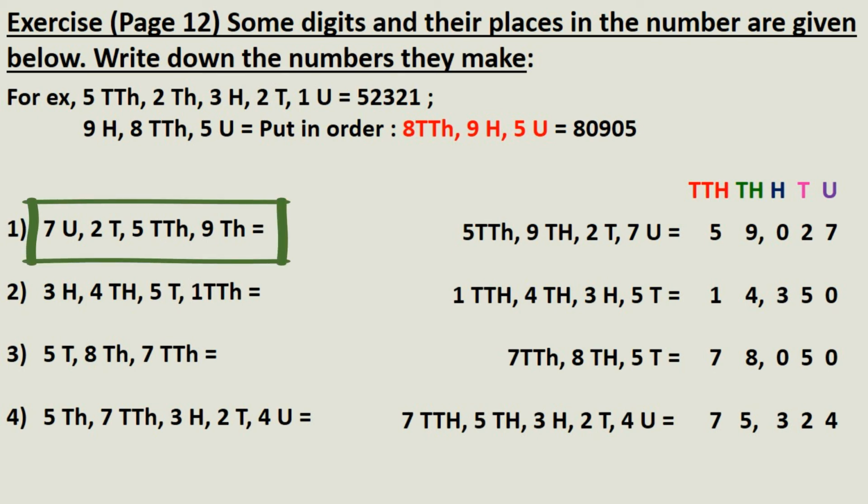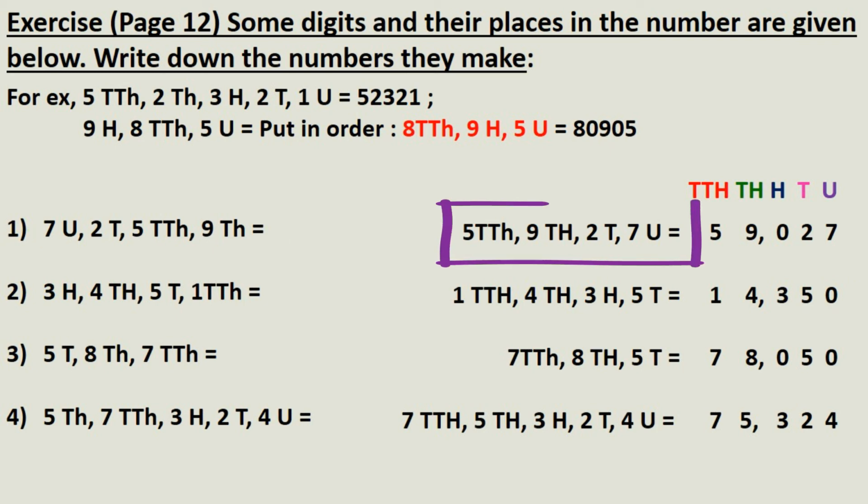Now let us go to the first sum in the exercise which is given in jumbled form. 7 units, 2 tens, 5 10,000, 9,000. If we arrange them in order according to their places, we get 5 TTH, 9 TH, 2T and 7U, which stands for 5, that is in 10,000's place, so 50,000, 9,000, 2 tens means 20 and 7 units.